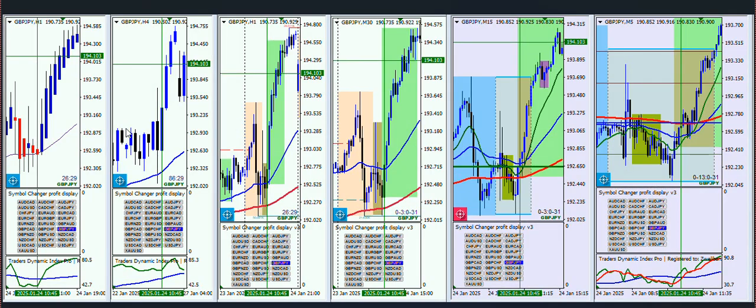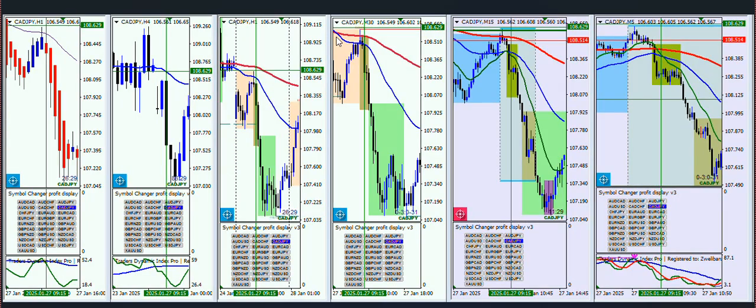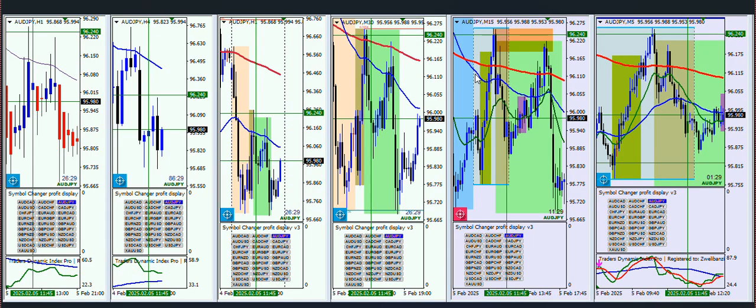This is another one, GBP JPY on the 24th of January. Then we have CAD JPY on the 27th of January. Then we also have here AUD JPY on the 5th of February 2025. So that is it.